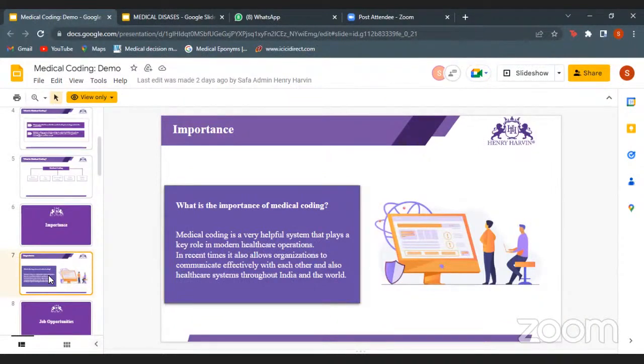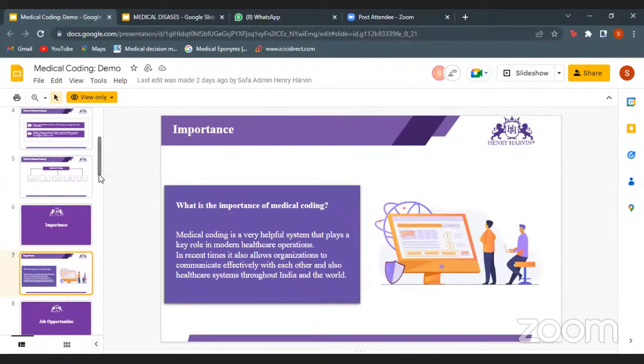So by seeing the numbers at the end of the year, our health ministry, or even the American healthcare ministry, they get the numbers. Okay, diabetes numbers are, let's say, 200, but hypertension numbers have become 1,000. So from that, it helps the country to find out that hypertension has increased recently in youngsters.